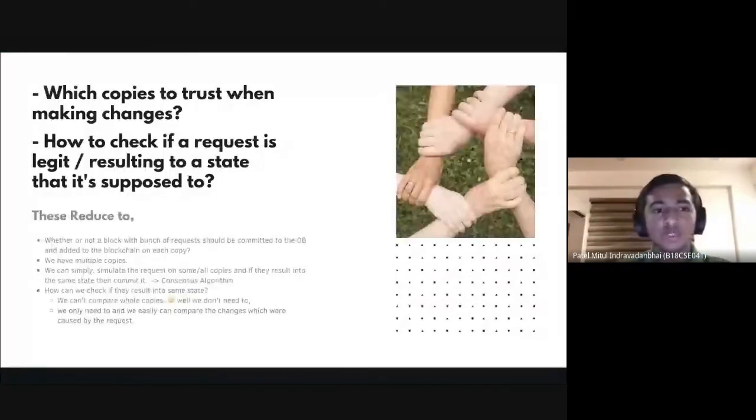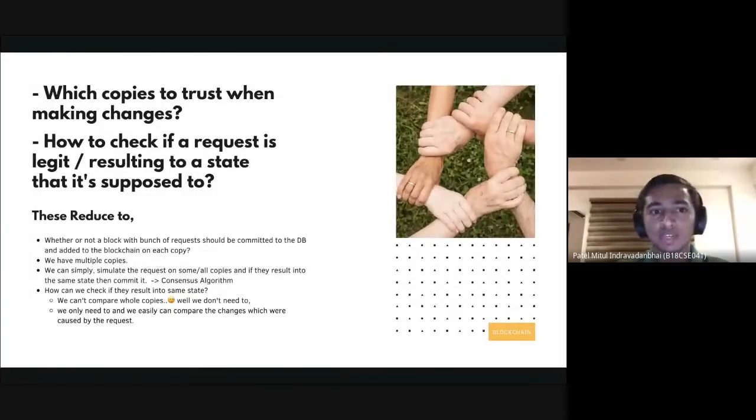There are two more questions. Which copies to trust when making changes, and how to check if a result is legit, that is, resulting in the state it's supposed to. These two questions actually reduce to a decision problem: whether or not a block with a bunch of requests should be committed to the database and added to the blockchain on each copy.